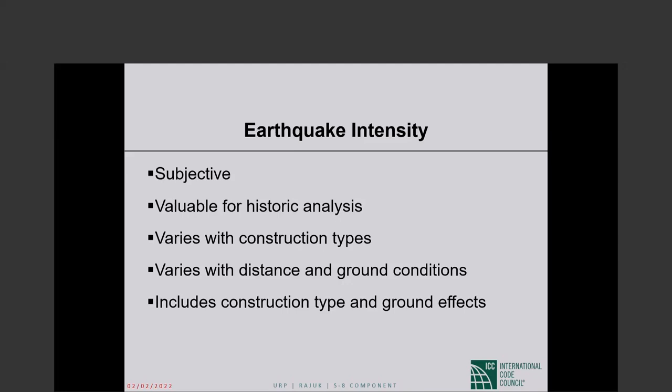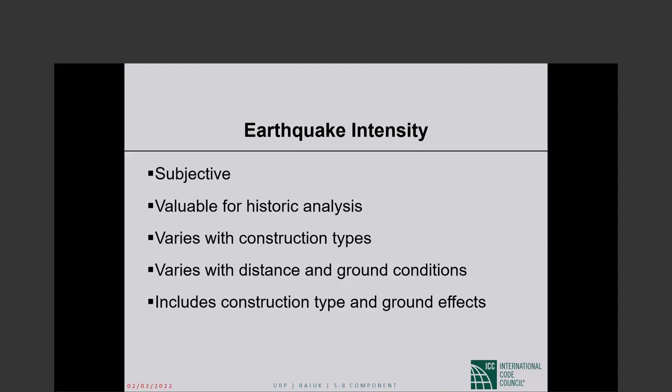So the earthquake intensity, not the magnitude, is subjective. It is valuable for historic analysis. For real old earthquakes, we do not have the sizes and so forth recorded, but we have a pretty good idea of the damage that was caused, and so we can assign intensities to those earthquakes, and that kind of historic analysis typically proves to be quite valuable.